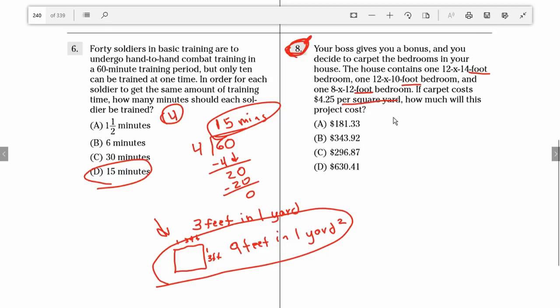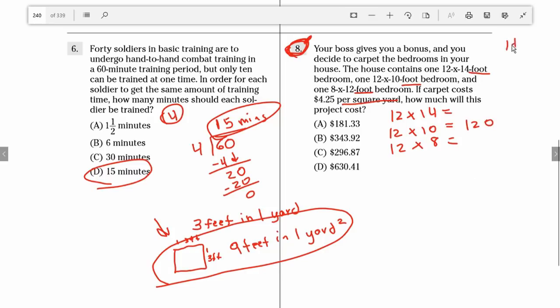Okay, so first I want to add up all these areas. We're told that one is 12 by 14. One room is 12 by 10. And another room is 12 by 8. Do this one right away. 12 times 10 is 120. Let's work out these other two by hand.